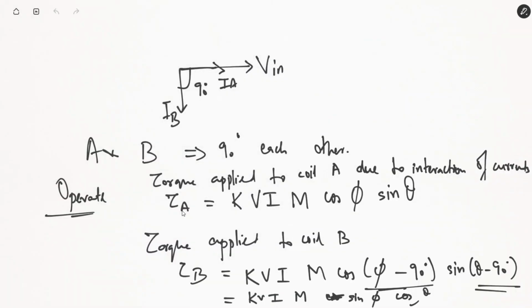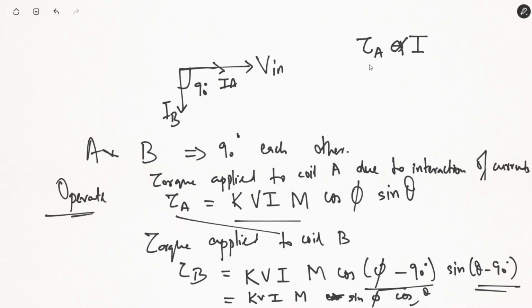Now this deflecting torque will be applied to A and B. The torque applied to coil A will be proportional to the current flowing through the main coil, as well as the current flowing through coil A, without going into the actual formula.